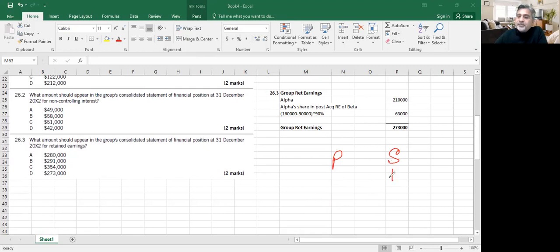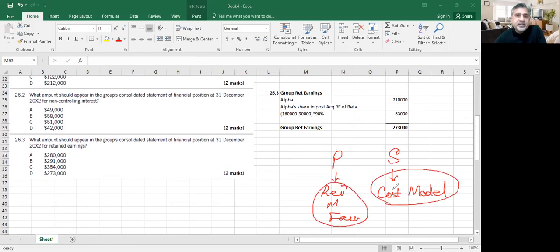The subsidiary has an accounting policy of recording PPE or any other asset at the cost model, whereas the parent is using the revaluation model or the fair value model.